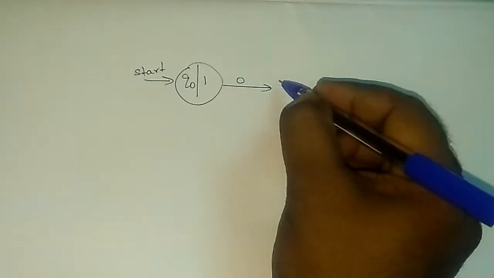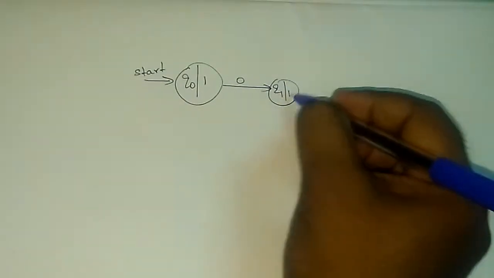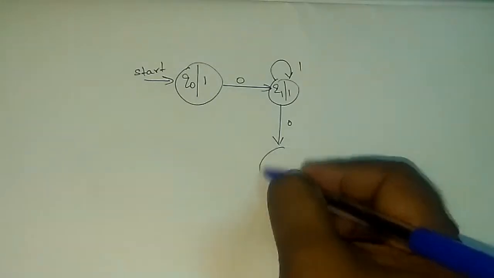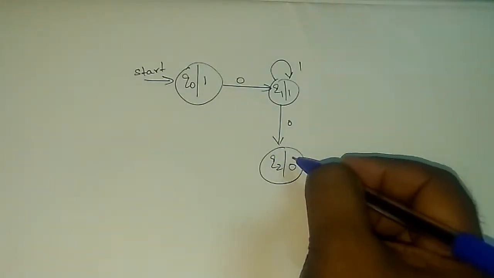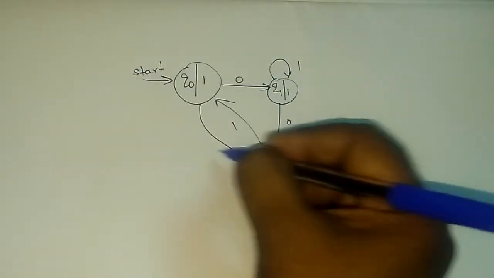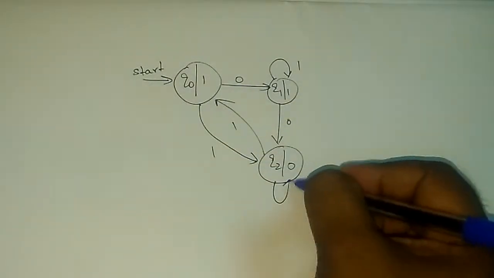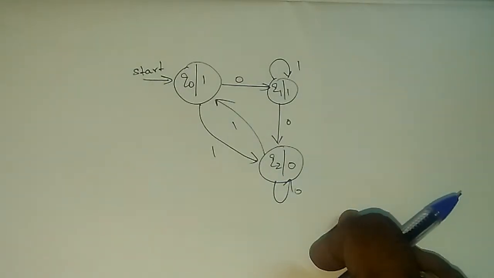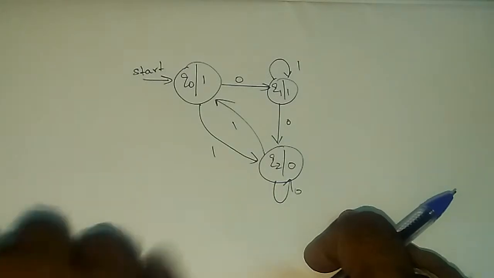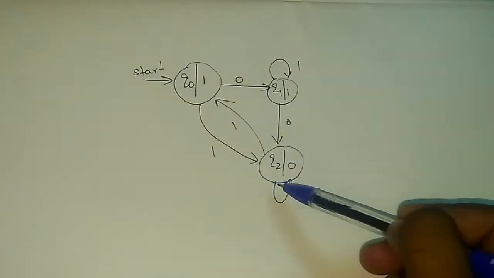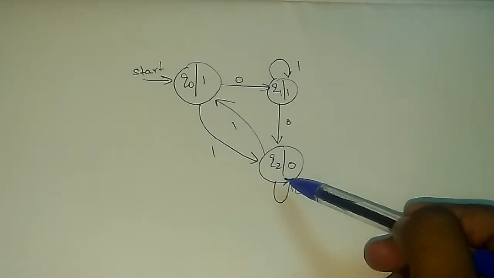So this is input, Q1, which is associated with output, which is Q2, which is associated with output. So this is a given Moore Machine. For each state we have an output. So the output for Q0 is 1, the output for Q1 is 1, the output for Q2 is 0.